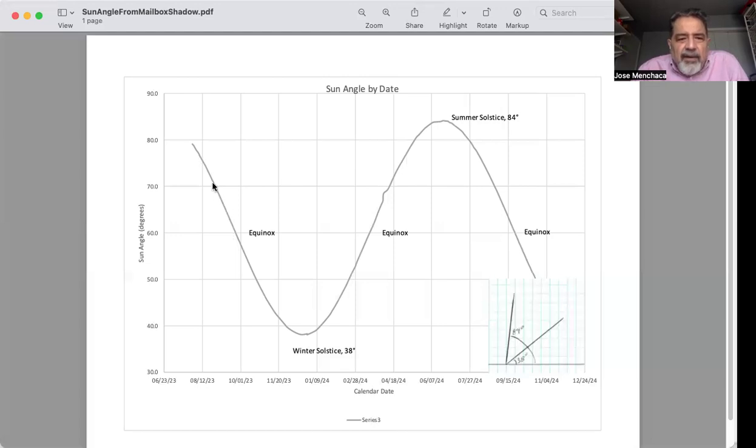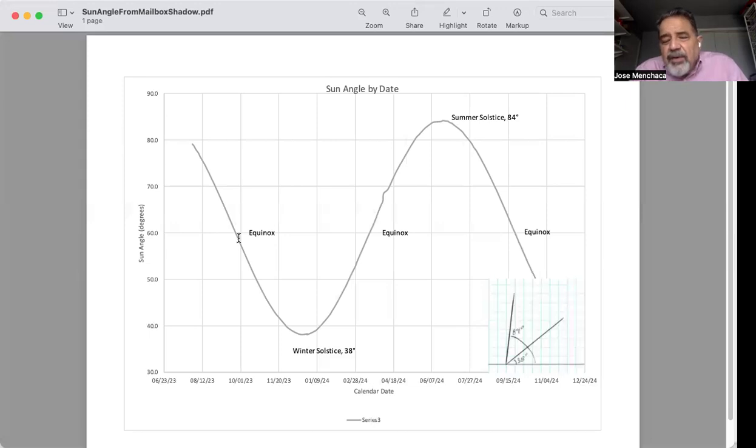So during the summer solstice, you can see it over here. It's 84 degrees, and that's the sun almost directly overhead during the summer months. Not quite at 90, which would be directly overhead. It's at 84 degrees, and so it goes from 84 degrees to about 60 degrees around the equinox.